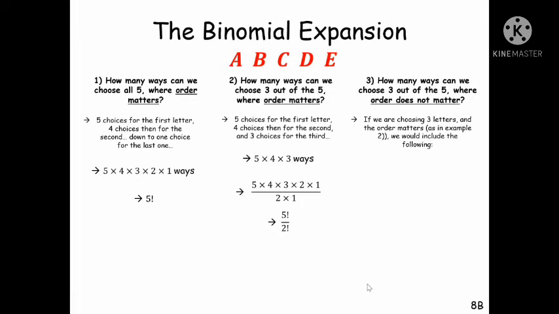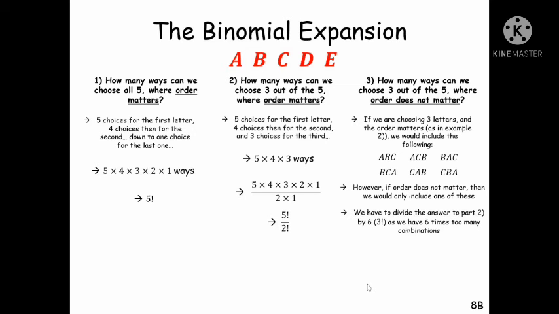If we are choosing 3 letters and the order matters, as in the second one we've just done, we would include all of those. However, if order doesn't matter, then we'd only include 1 of these. We have to divide the answer to part 2 by 6, or 3 factorial, as we have 6 times too many combinations. We have 6 there, we only need 1. So we have 5 factorial divided by 2 factorial times 3 factorial.